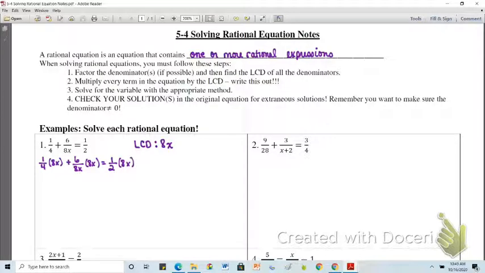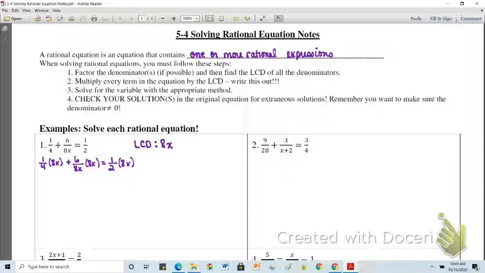Okay, that is the non-negotiable step I was talking about. You have to write this out. That way, when we go to simplify, you're not going to make a careless mistake. So this is one step you cannot skip. It can get a little long, but you still need to write it down.